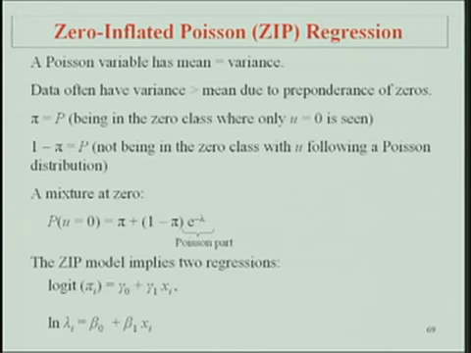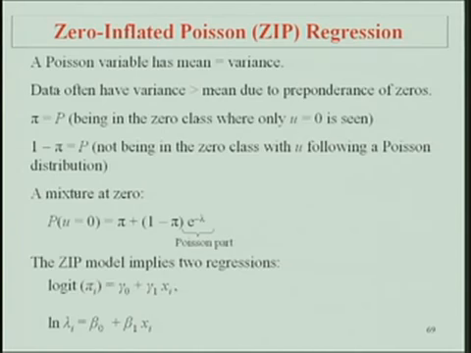The people who don't drink, who are not drinkers, will have u equals 0, right? They will never have u equals 1, 2, 3, and 4. They wouldn't dream of binge drinking because they don't even drink. And then there are other people who are drinkers, with probability of not being in the 0 class, and u following a Poisson distribution.